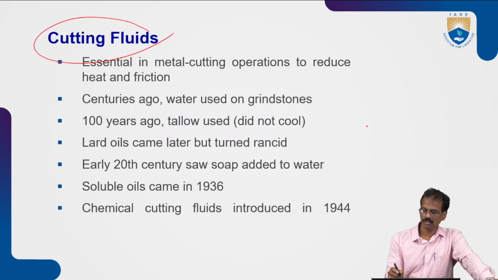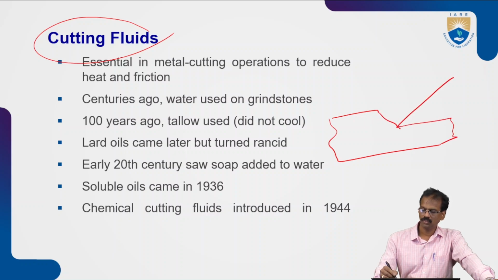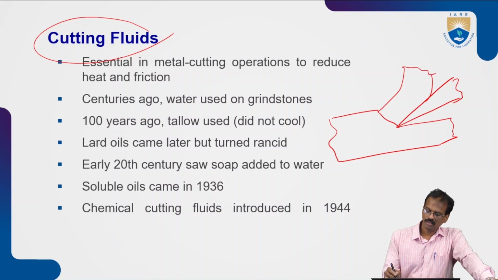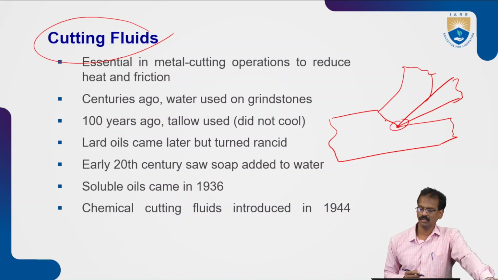Suppose this is the workpiece, and this one is the cutting tool. This is the material removed in the form of chips. You know this one. This is the cutting portion here.